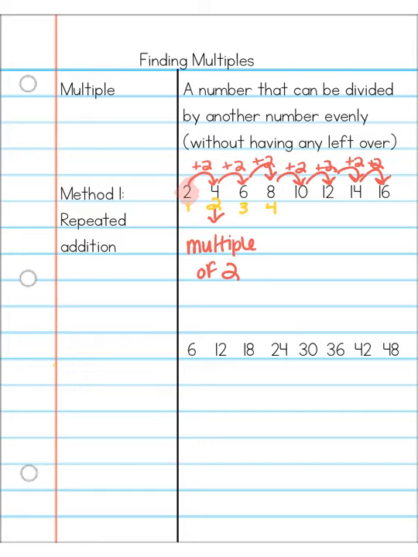To find the next multiple of 2, I would simply take 16 and add 2. So the next multiple of 2, or the ninth multiple of 2, would be 18.